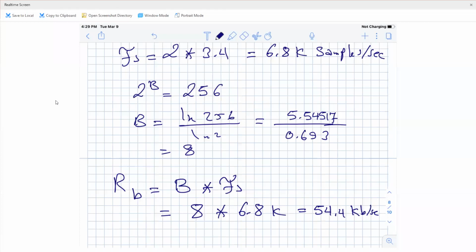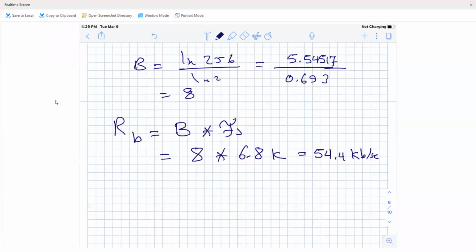Now easily we can determine the RC. GP equals RC over RB, and GP is 200, equals RC over 54.4 by 10 to the power 3.